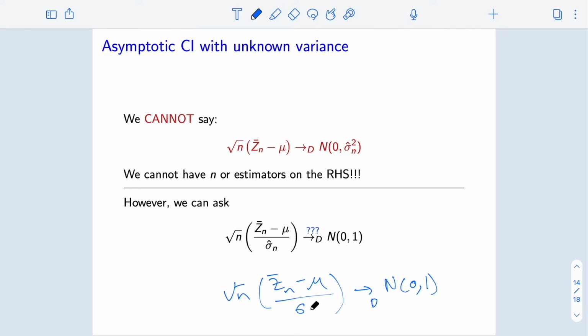That would be relatively straightforward to show using the central limit theorem and the way that variances scale when you divide by constants. So again, we have this. The question is, can we put a sigma hat in here and still end up with the same result? And again, we're doing this because we are allowed to have as many stochastic elements as we want on the left-hand side of a convergence in distribution statement. We're not allowed to have them on the right-hand side.